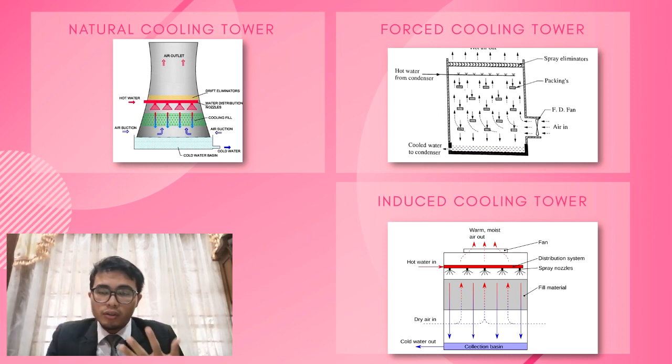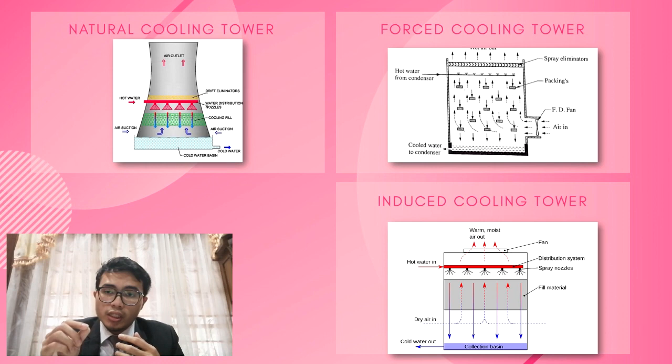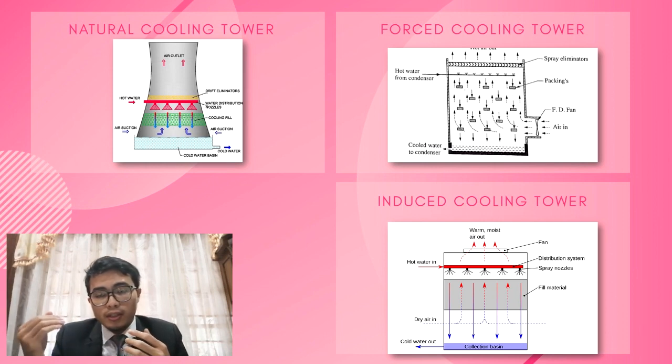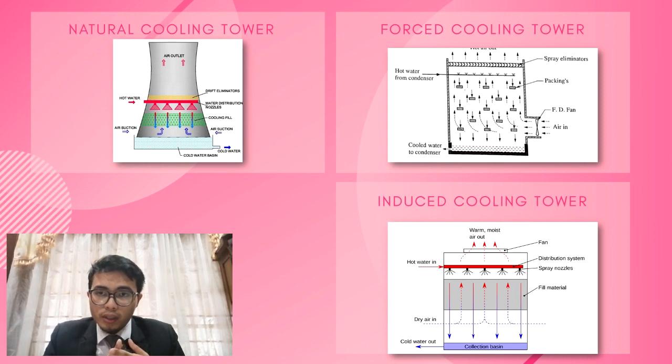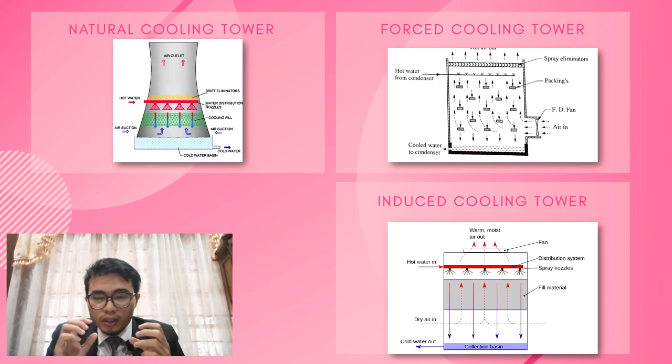The forced cooling tower uses a fan that is installed before the heat exchanger, to force the air to enter the cooling tower. The induced cooling tower uses a fan that is installed after the heat exchanger. In the modern world of engineering, most industries use induced cooling towers.